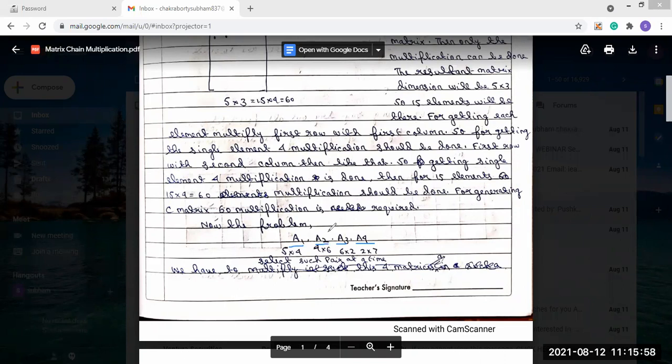That is not the main motto of our thinking. Our problem is to know in how many ways we can multiply them. Even if many matrices are given, our motto is to find how many ways we can multiply them.